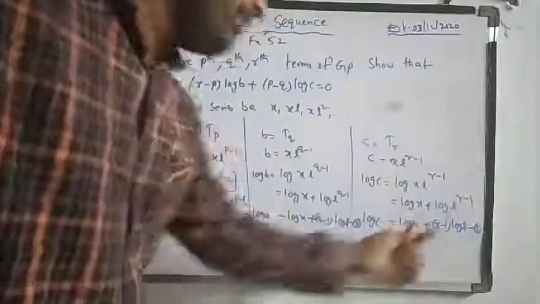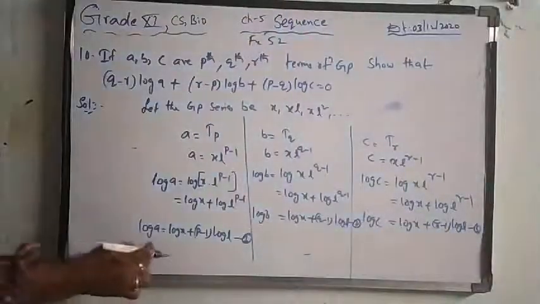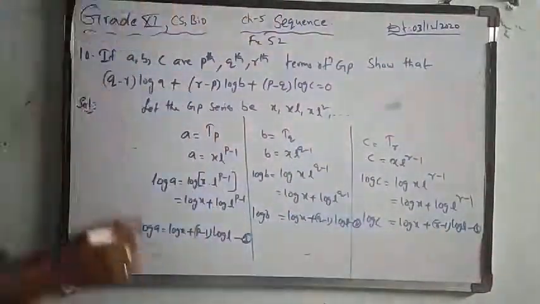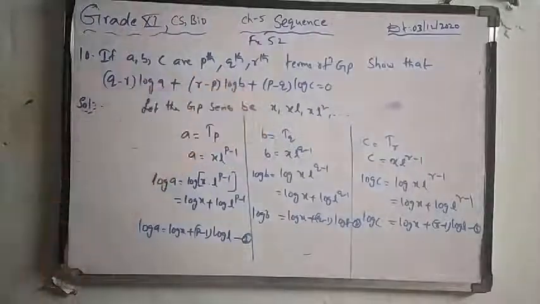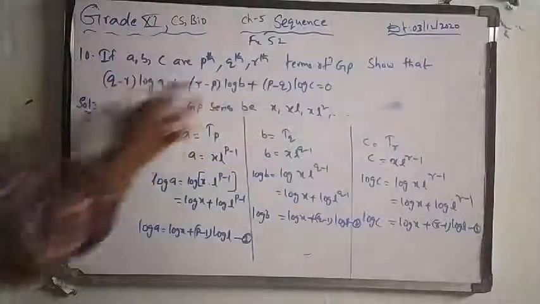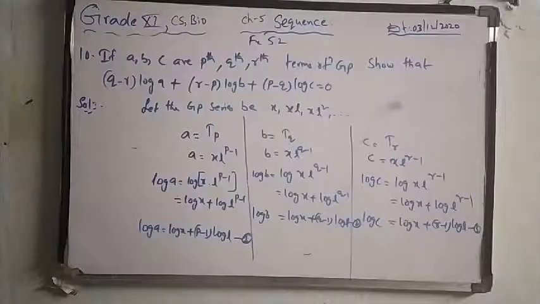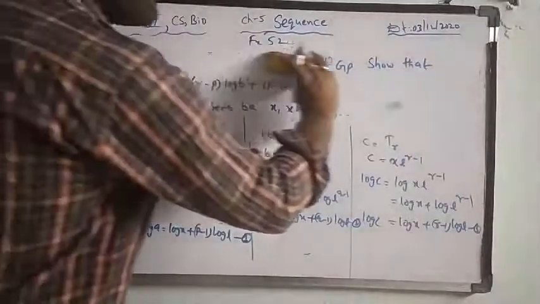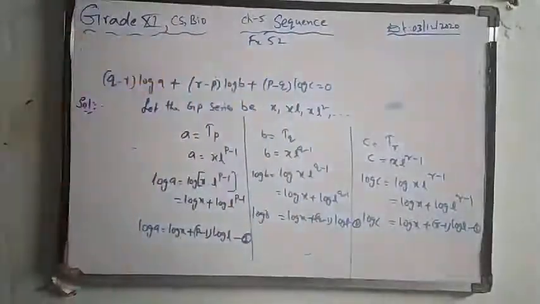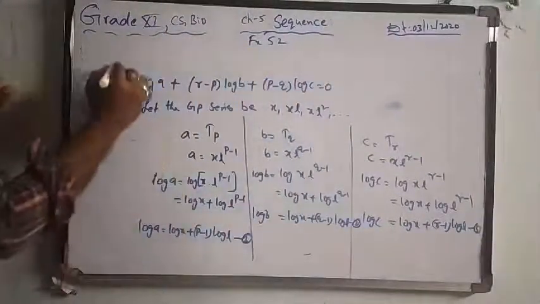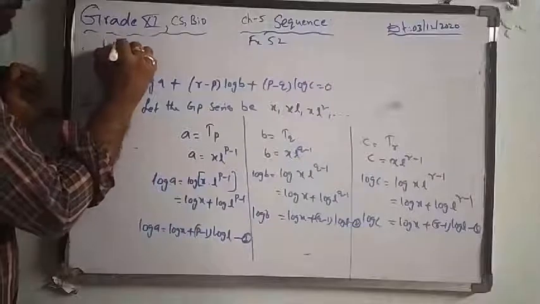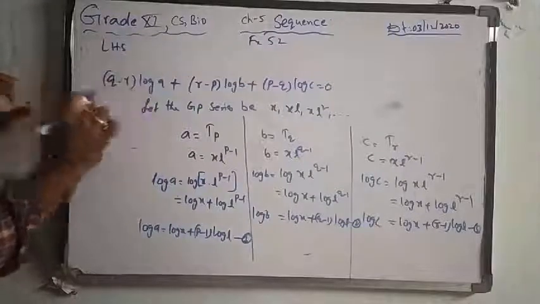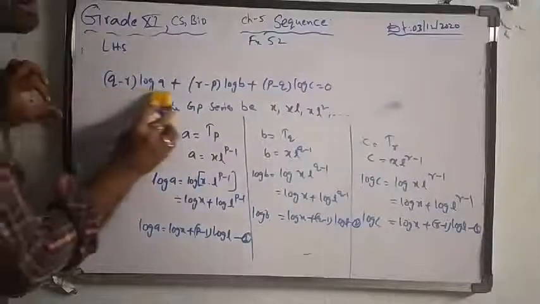Whatever the power is, it will come in front of the log. So we are going to substitute the log A value, log B value and log C value in the given question, so that we get the answer as 0. Let us take the left hand side as it is.